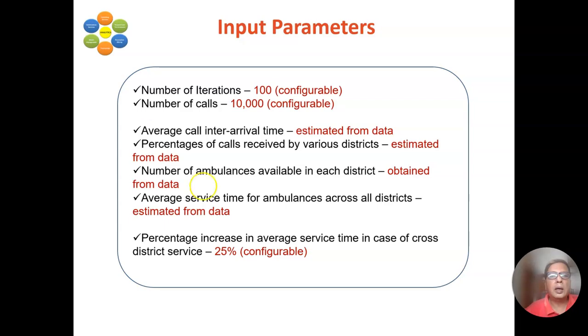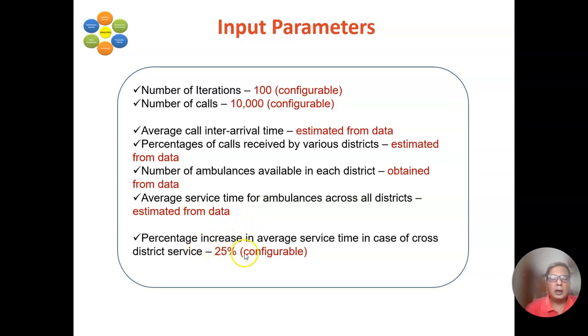I use the number of iterations as 100, which is configurable. The number of calls is 10,000, which is configurable. Then the average call inter-arrival time is estimated from the data, and the percentage of calls received by the various districts and the number of ambulances available in each district are obtained from data. The average service time for the ambulances across all districts is estimated from data.